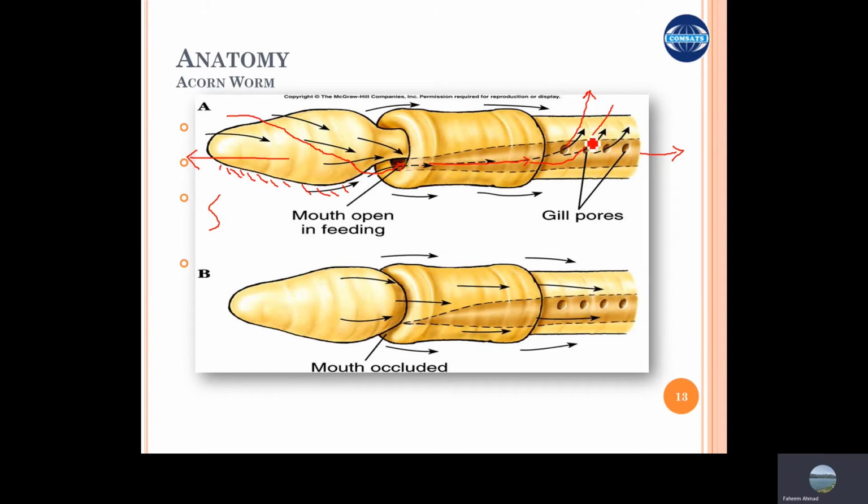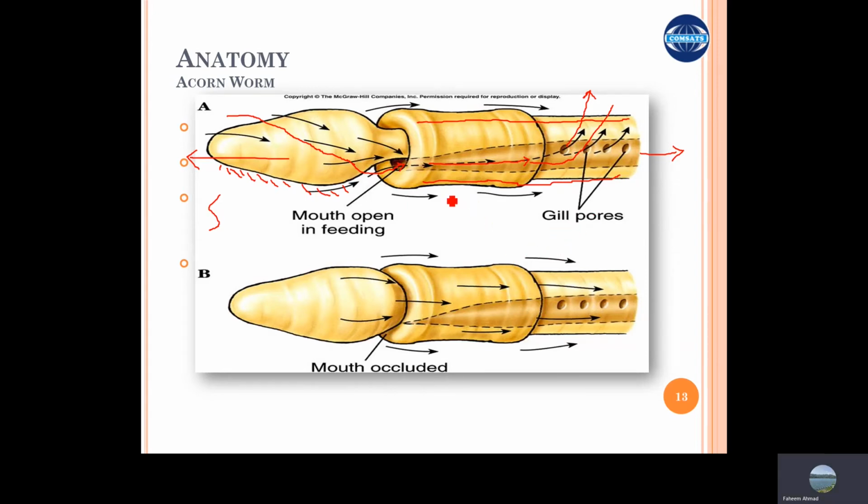However, water gets out of the body. At the same time, because there are blood vessels present in all this region where the water is passing through, these blood vessels simply diffuse in the oxygen from the water and also diffuse out the waste material into that water.